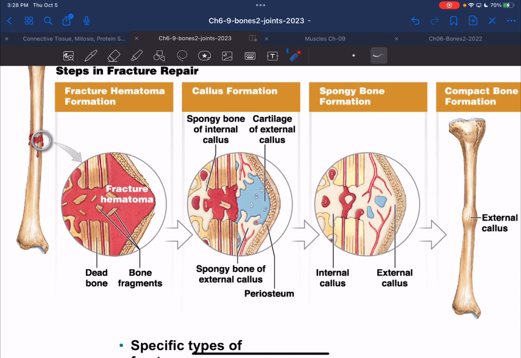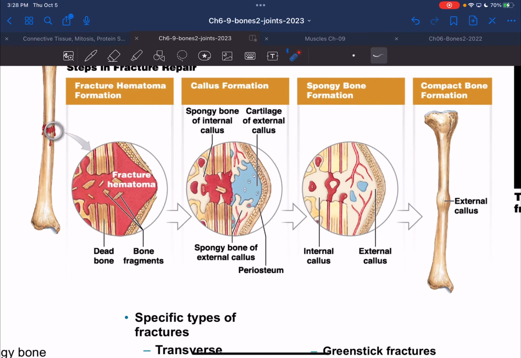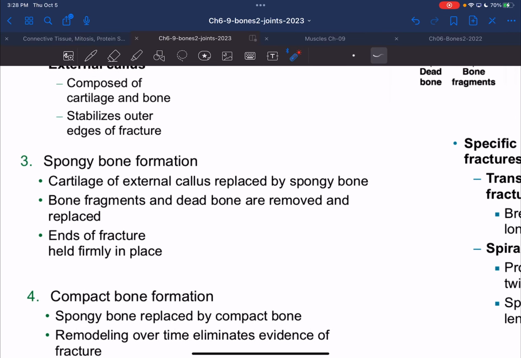That's the only real fundamental difference, is that an internal callus and an external one forms. The external one has cartilage, the internal one does not. And then on our third step, our bone cells come in to replace that cartilage.